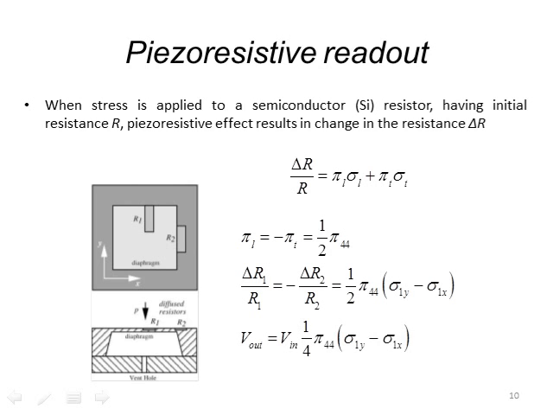Now, in order to detect that deflection, we use 2 resistors, and these resistors are made from the silicon, but they're made in a way that we implant impurities, boron, phosphorus, arsenic, in a controlled region, and we make a resistor.